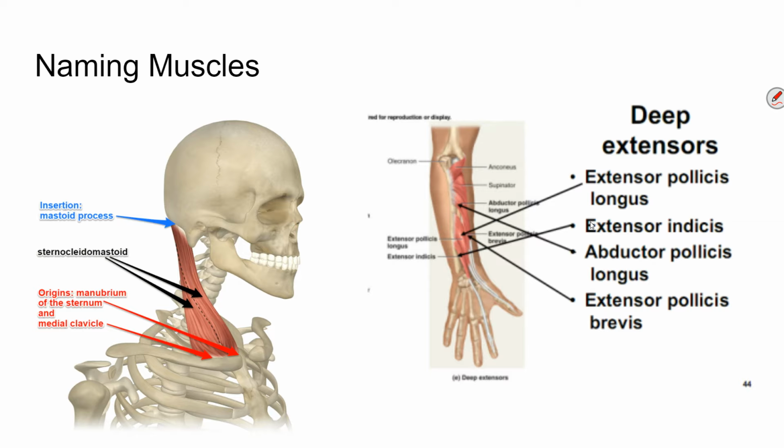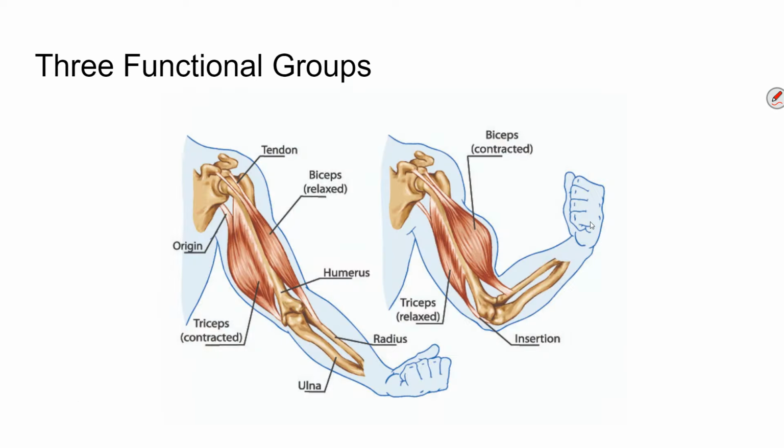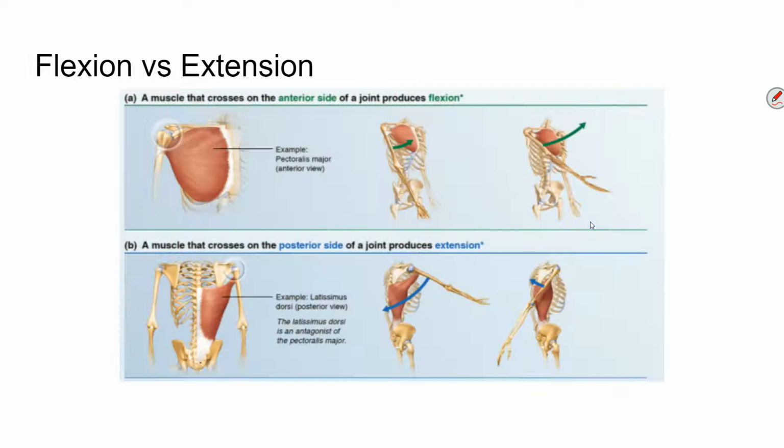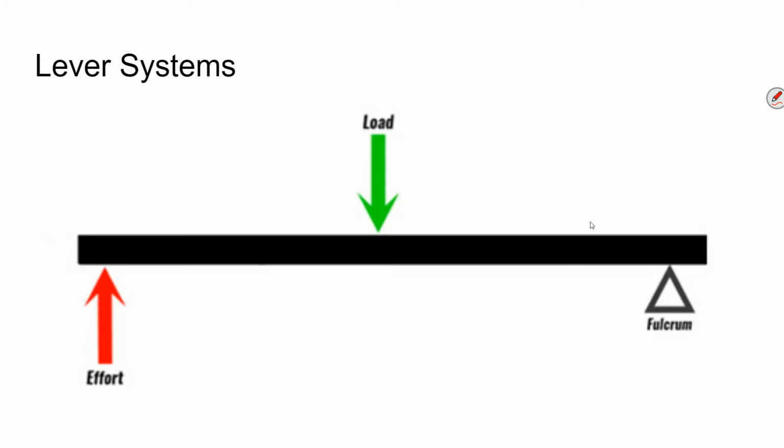And then another naming convention that I don't have a picture for. Actually, I could just go back to this picture here. Biceps and triceps are named because they have more than one origin. 2 origins for the biceps, triceps have 3 origins, 3. So there's a couple naming conventions.